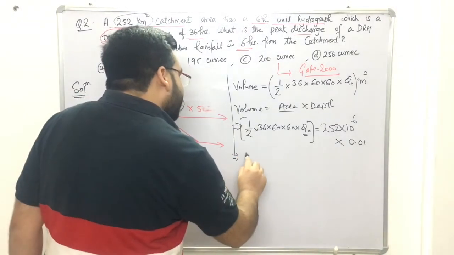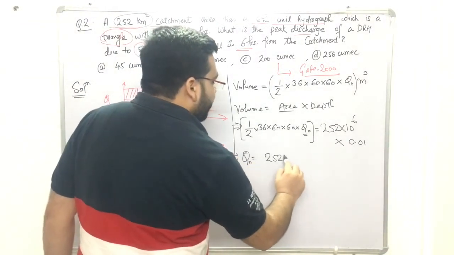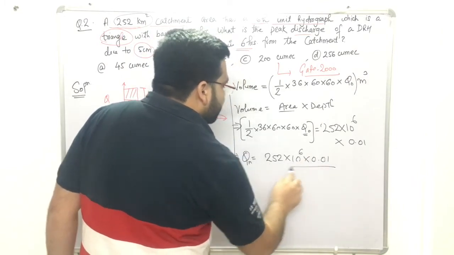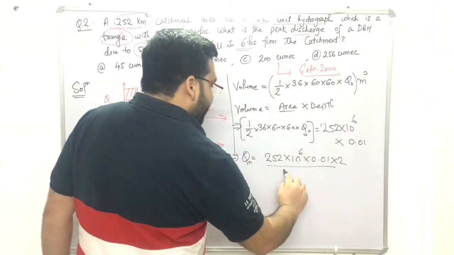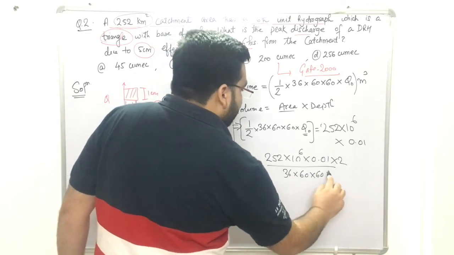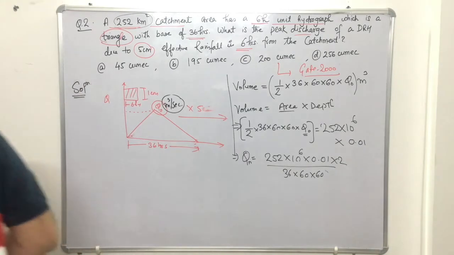So Q naught will be equal to 252 into 10 raised to power 6 into 0.01 into 2, divided by 36 into 60 into 60. So how much is the value? Let me get the value, right?